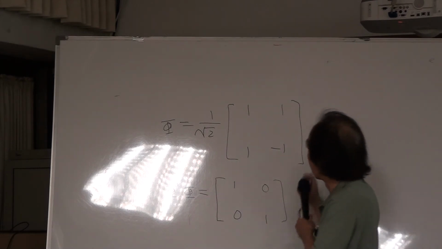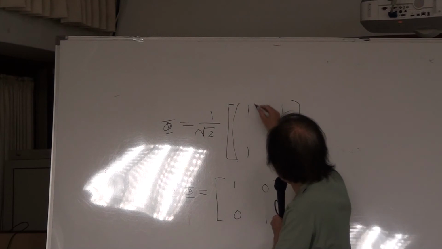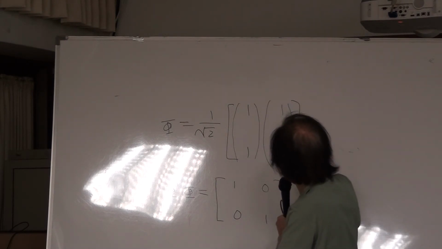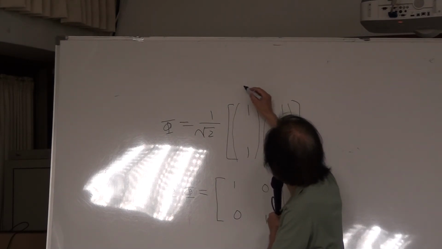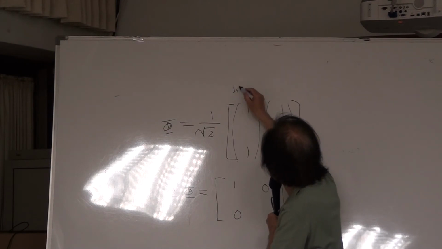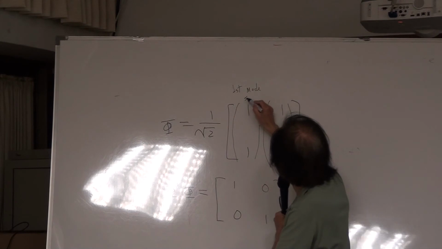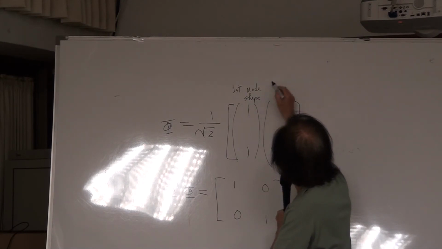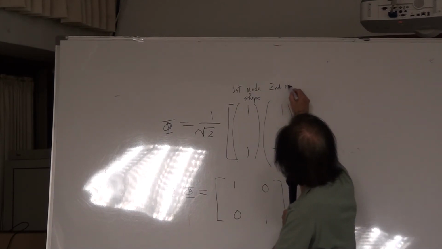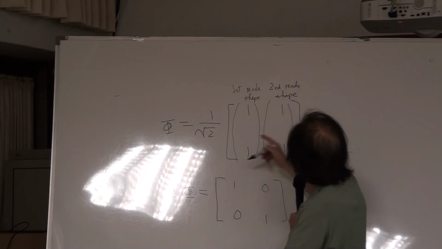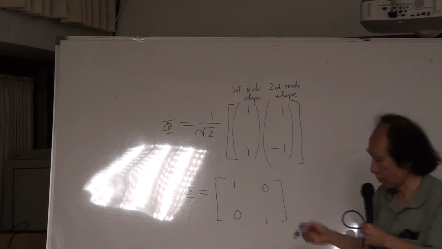This is the first column, this is the first mode shape, and this is the second mode shape, and these two mode shapes are orthogonal.